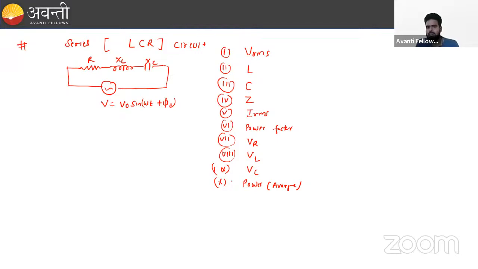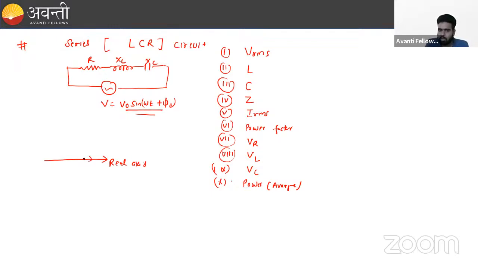Okay, so what steps are involved to tackle this type of problem basically, right? If the voltage is given to us, how can we solve this type of problem? Firstly, we have to assume that this is our horizontal or real axis. This is our real axis, correct?